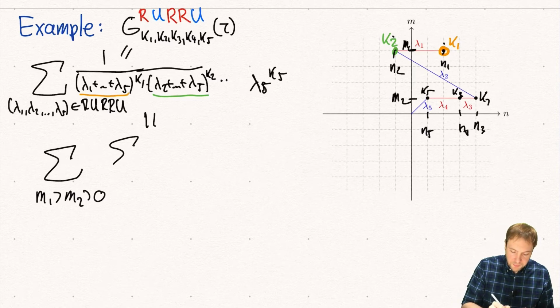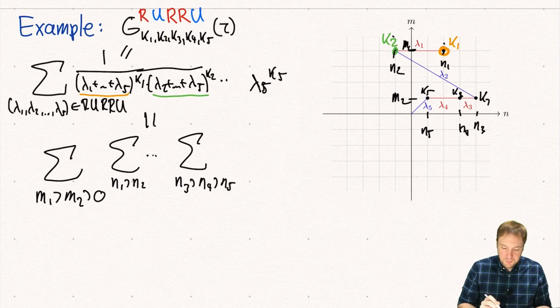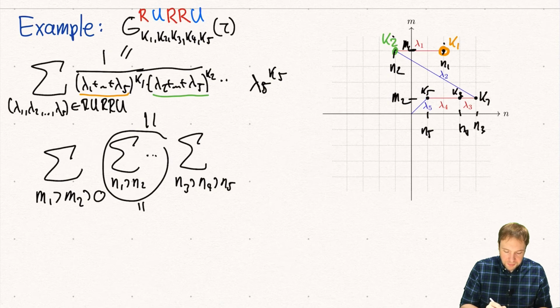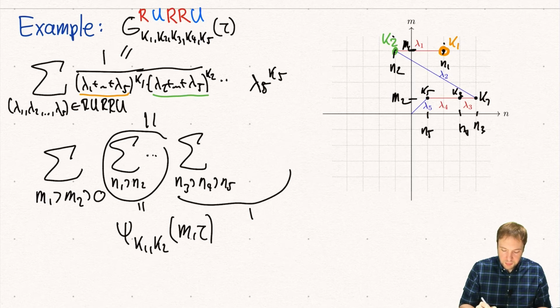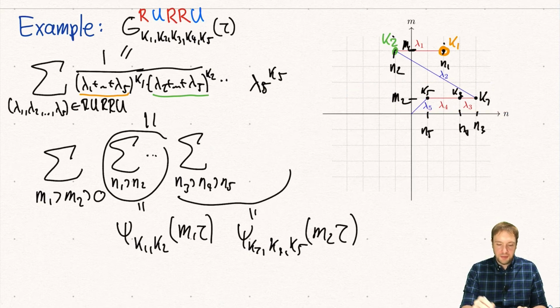So here I have the sum over all N1 greater than N2 of these terms, and here I have the sum of N3 greater than N4, N4 greater than N5, but this here will be exactly psi K1, K2, M1 tau, and this here will be exactly psi K3, K4, K5 of M2 tau. Because the definition of this psi is exactly this.